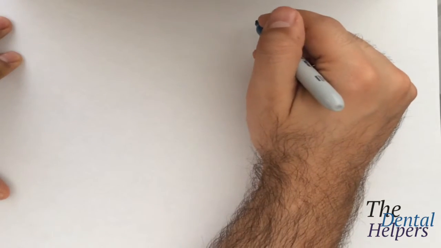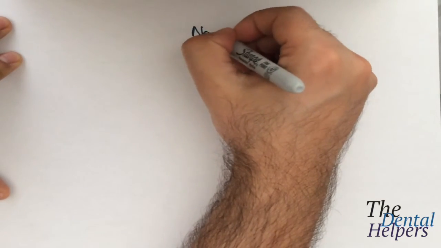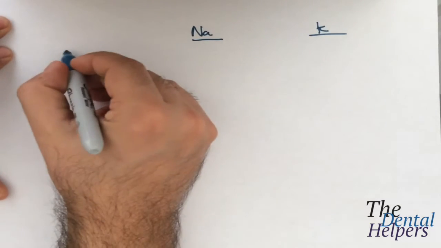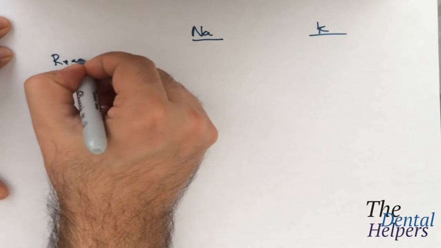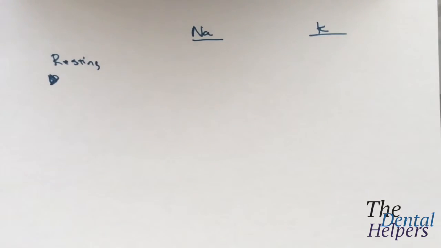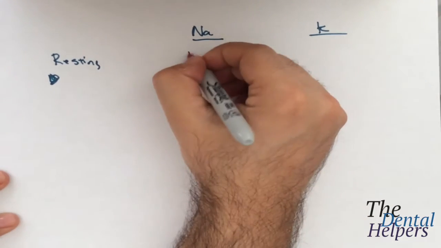So if we're thinking about it, we've got our sodium channels, and we've got our potassium channels. And then we have the resting, and at resting, the sodium channels are going to be at resting state.